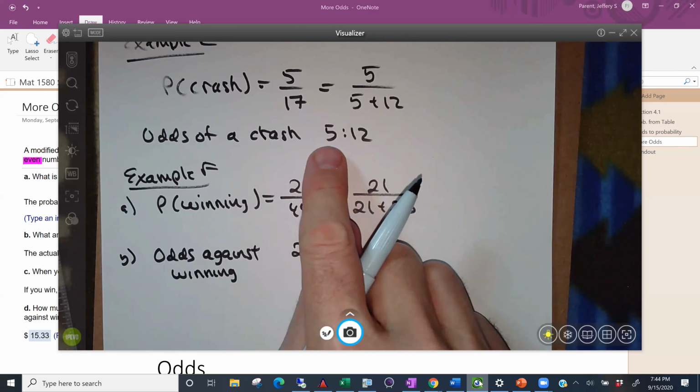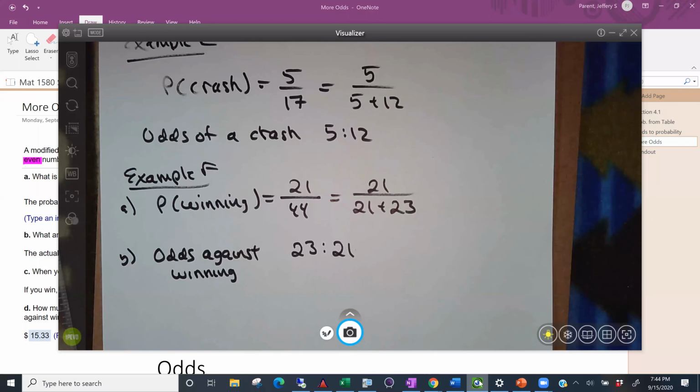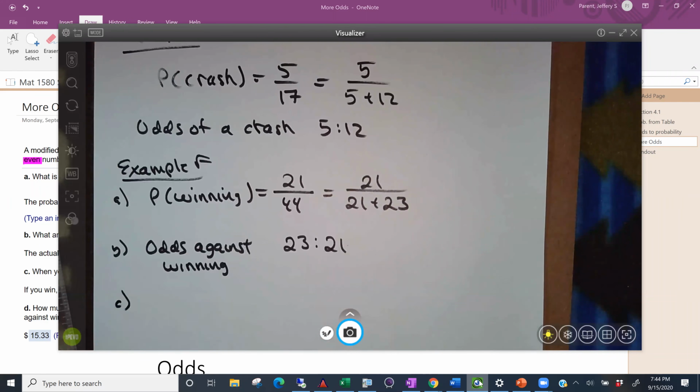The number of ways you can encounter a car crash versus the number of ways you could fail to encounter a car crash. So that's your odds against winning. A little bit more likely that you're going to lose versus that you're going to win. Let's keep going.